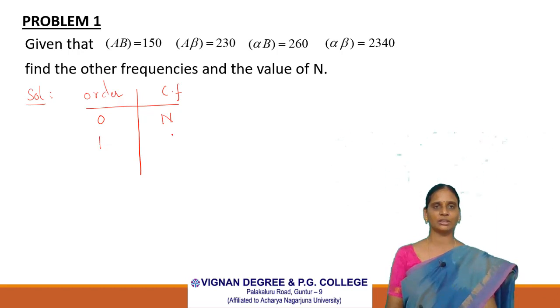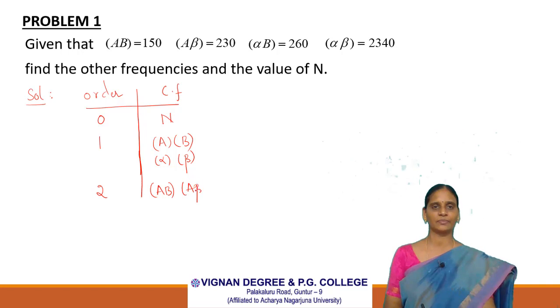In the first order, the class frequencies are frequency of A, frequency of B, frequency of alpha and frequency of beta. In the second order, the corresponding class frequencies are frequency of AB, frequency of A beta, frequency of alpha B and frequency of alpha beta.